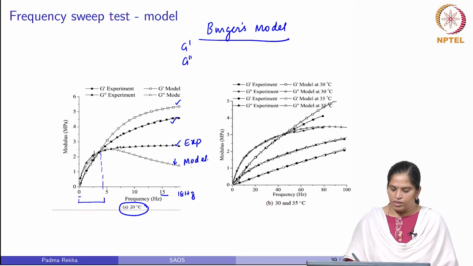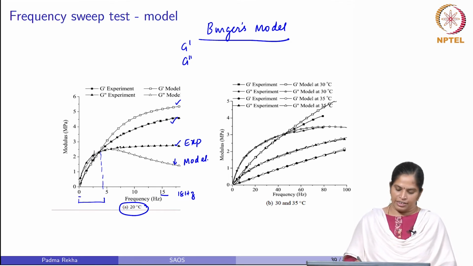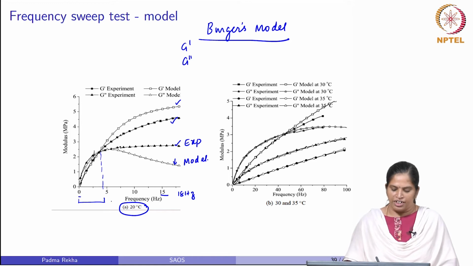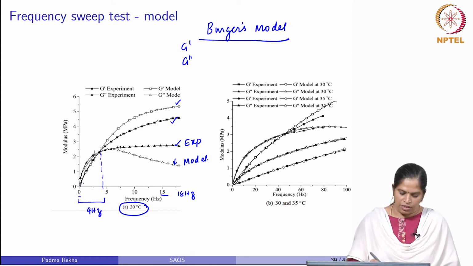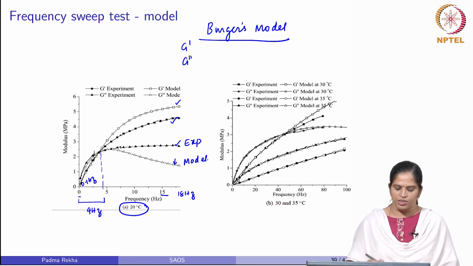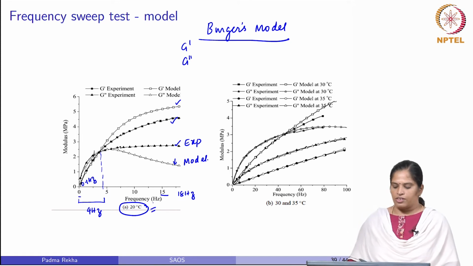The model could predict the experimental data only up to maybe 4 hertz. The experiment was conducted from 0.1 hertz to 4 hertz. So, this happened at 20 degrees Celsius.